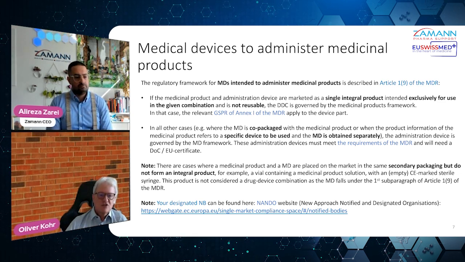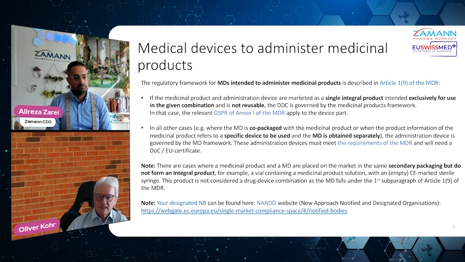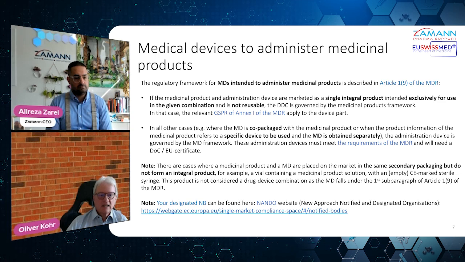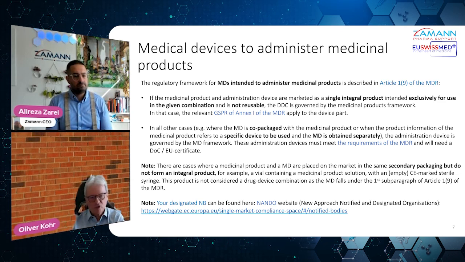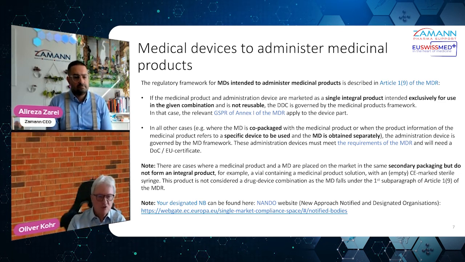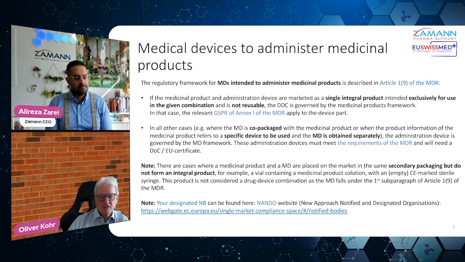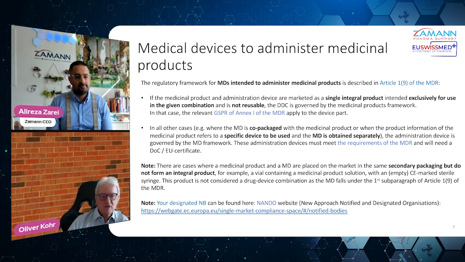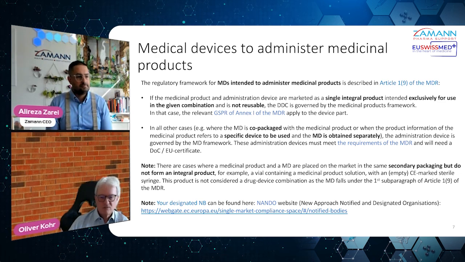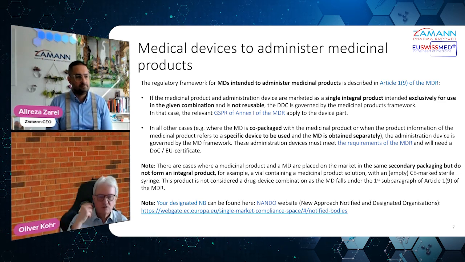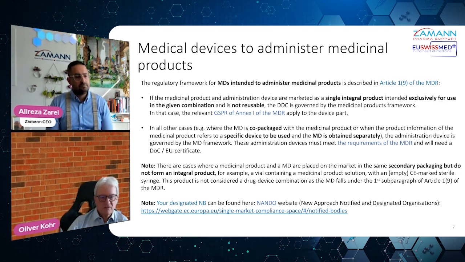So if there's a product administration device marketed as a single integral product, again, this single integral product, and exclusive for use in the given combination, that means your insulin with this pen, and it's not reusable, say you have another growth hormone or whatever drug, then it's governed by the medicinal framework. In this case, the GSPR applies to the device part. So you have to make sure that you address, in the device, that means your auto-injector, your pen, whatever, the Annex 1 of the Medical Device Regulation.